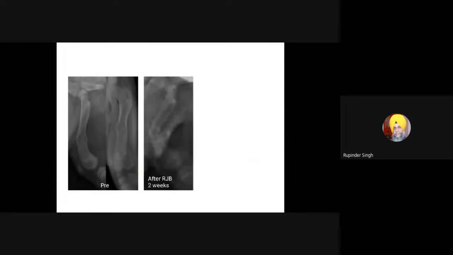Then there is another case study showing a fracture where the fracture fragments, the bone pieces, are in near alignment. Such fractures may heal without any aggressive surgical intervention. But in this case, what happened?